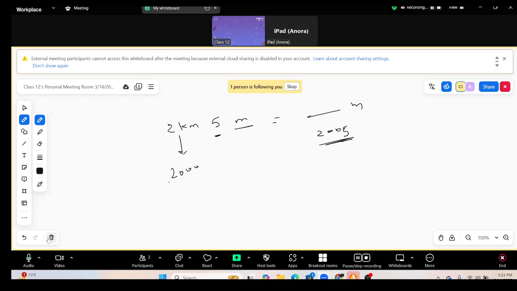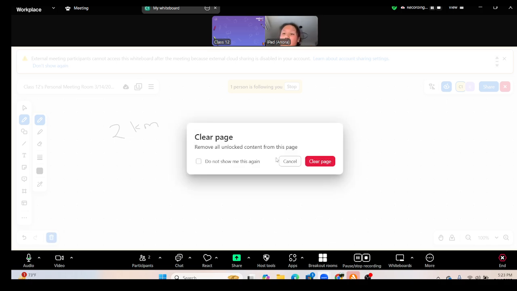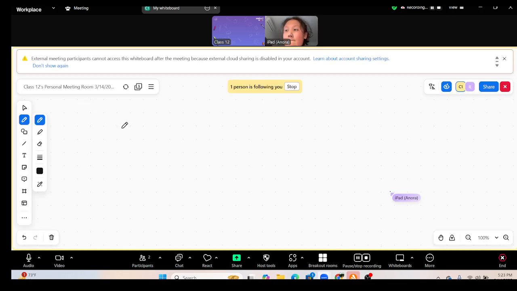Also, if there is this kind of question, for example 1356 meters. The question is asking you to convert it into kilometers and meters.